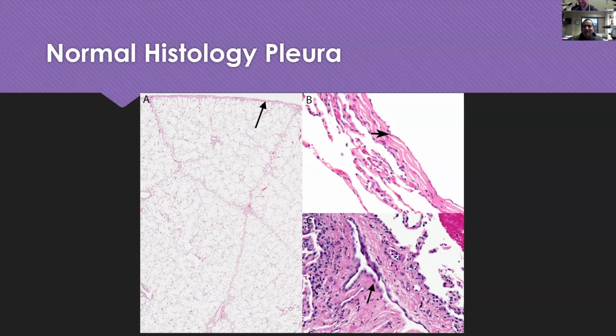But when you look at it, you don't really see the cells most of the time. You just see a thin layer of pink collagen, and you don't see any cells. Maybe the cells are too flat, like in part B, or maybe they're just sloughed away by the time it gets to histology.